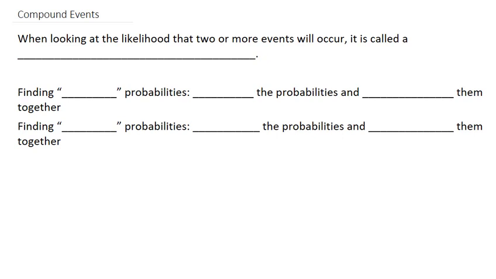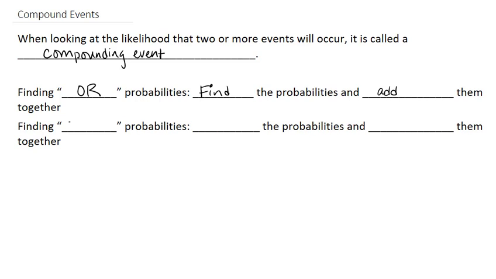Compound events. When looking at the likelihood that two or more events will occur, it is called a compound event. And so when finding OR probabilities, what we do is we find the probabilities and then we add them together.